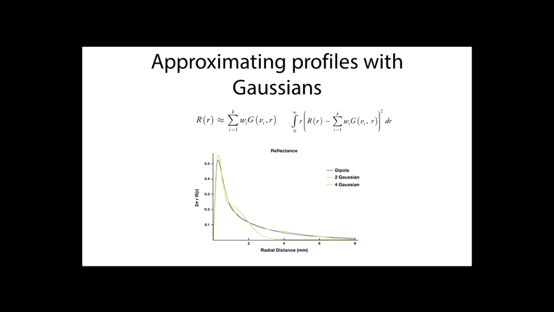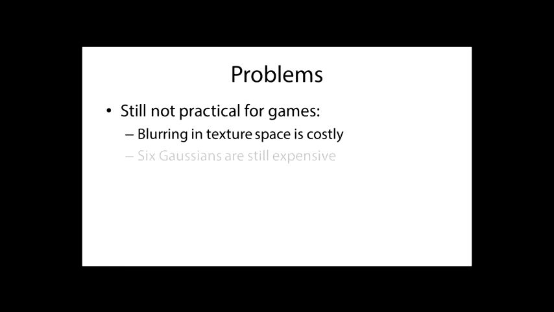This has a really important advantage, and that is that Gaussians are a symmetrical separable function. And this means that we can replace a two-dimensional Gaussian by two one-dimensional Gaussians that will be performed really, really quickly. However, this approach has two problems that made the technique not completely practical in games.